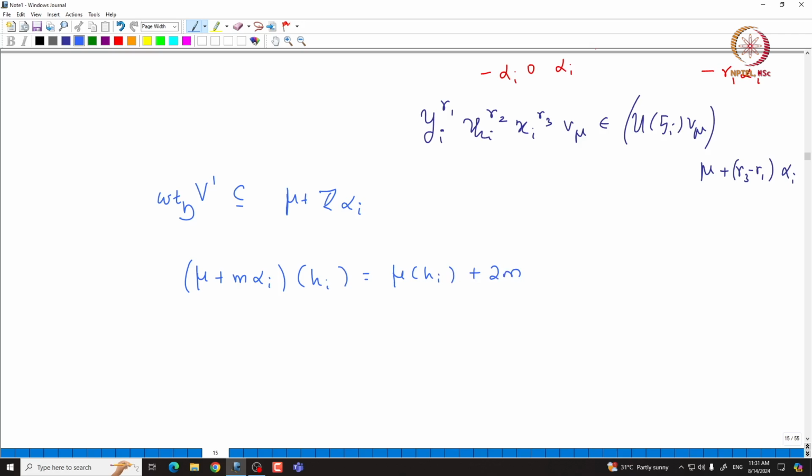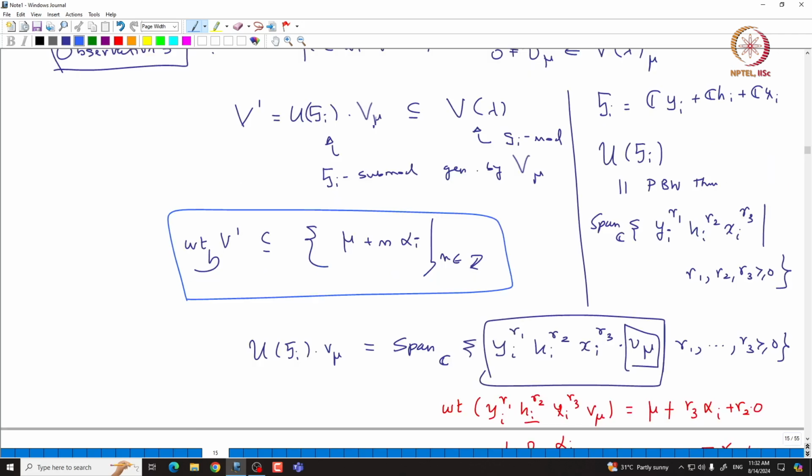Now, for various m, this mu of hi plus 2m, they are all distinct. That forces that the weights of this are all distinct for various m. But this is going to be a finite dimensional module, an SL2 module.